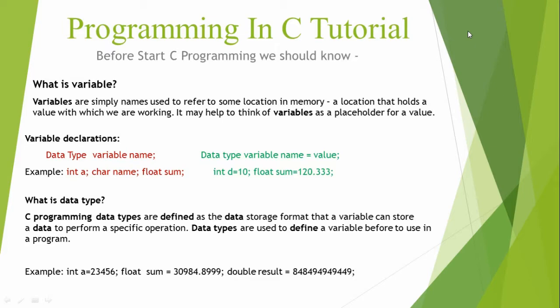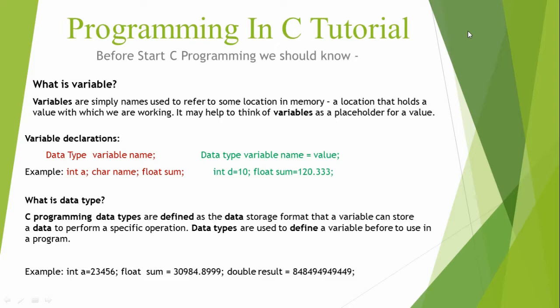In C programming, data types are defined as a data storage format: whether it's big data or small data, a fraction or a non-integer type. It defines the format in which a variable can store data to perform a specific operation. Data types are used to define a variable before use in a program.